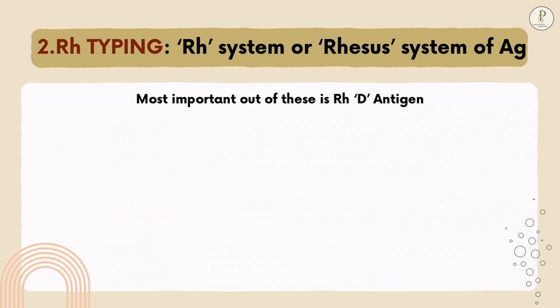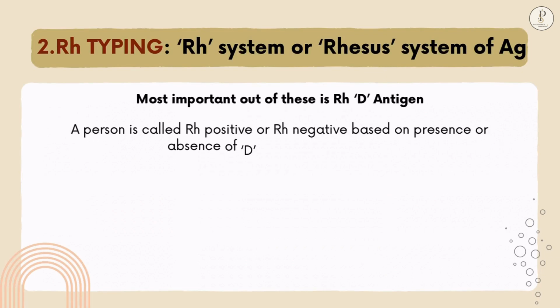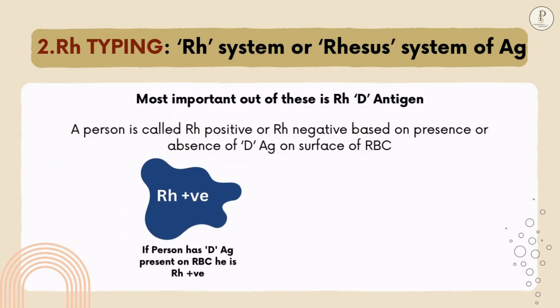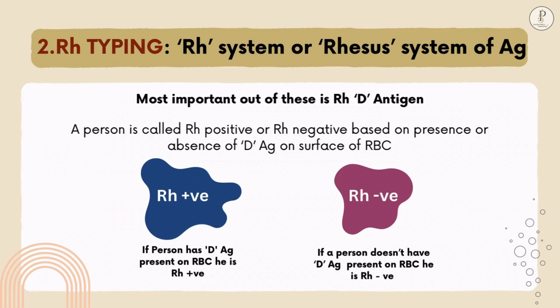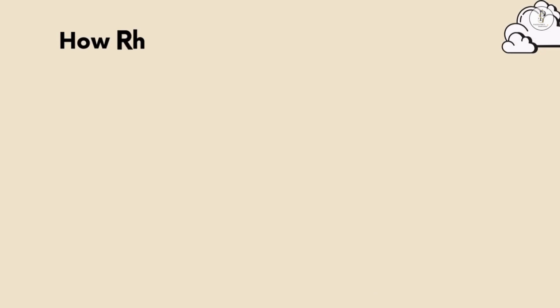The most important of these is the RhD antigen. A person is called Rh positive or Rh negative based on the presence or absence of the RhD antigen on the surface of RBC. If a person has D antigen present on RBC, he is Rh positive. And if a person does not have D antigen on RBC, he is Rh negative. Approximately 85% of the population are Rh positive and only 15% are Rh negative, though this number varies with race.